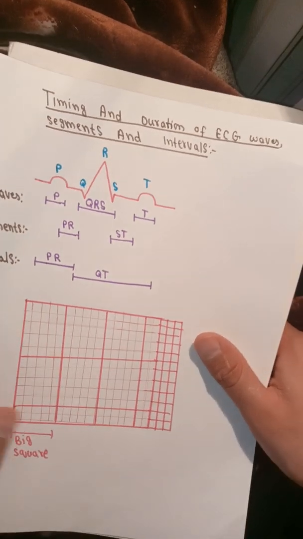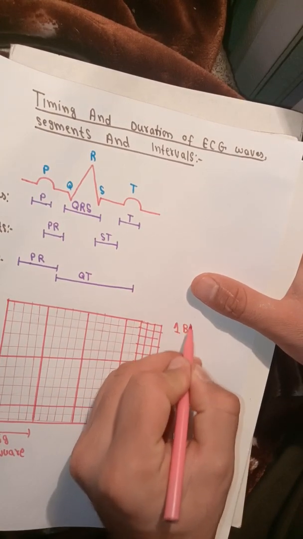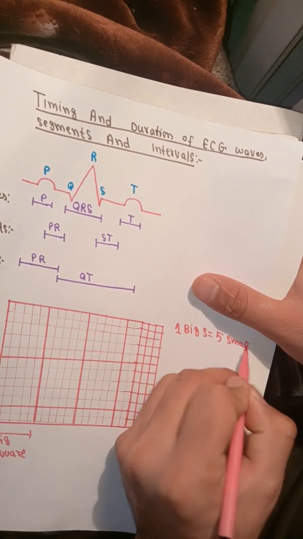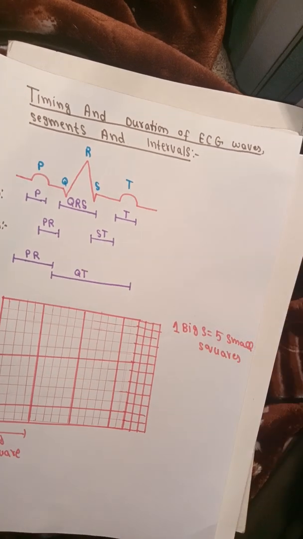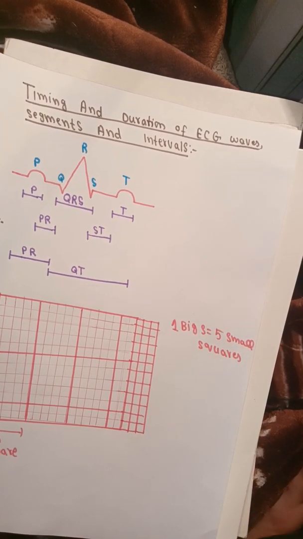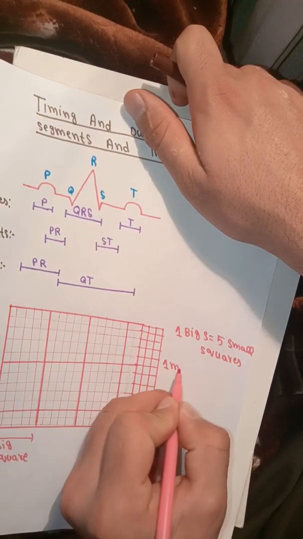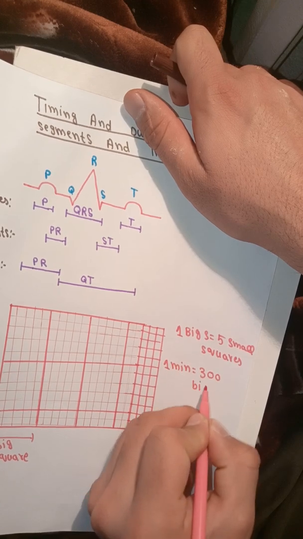Here we are going to write that one big square is equal to 5 small squares, and 1 minute is equal to 300 big squares.